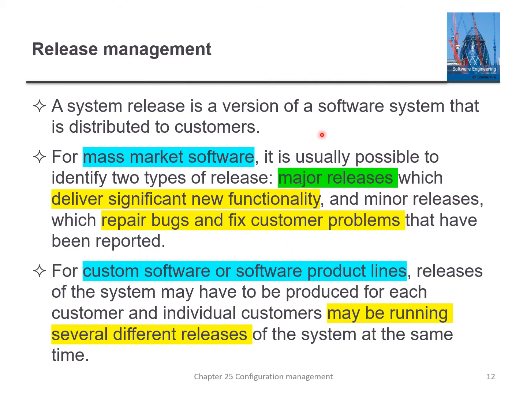Okay, a major release is related to any new versions of the software which involve updates in the functionality. Minor releases sometimes happen because there are some bugs that have been discovered. Maybe some of the customer problems have been fixed, so there is a minor release. So this is for mass market software.